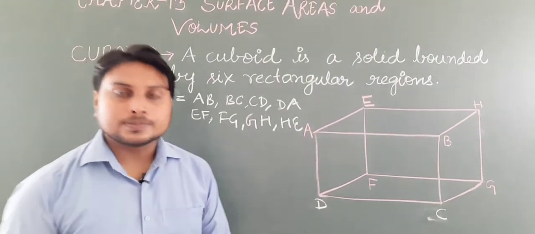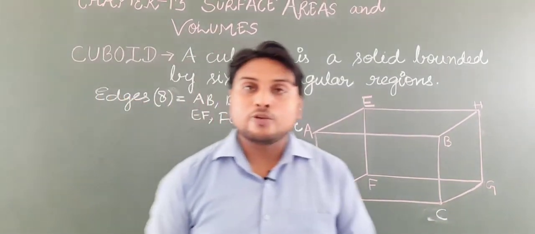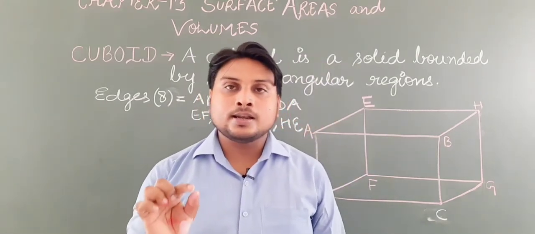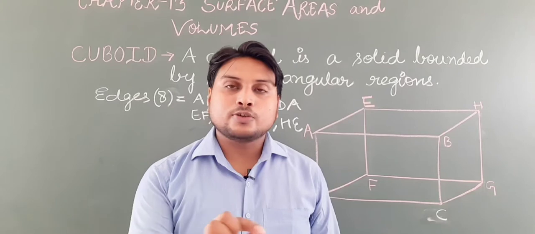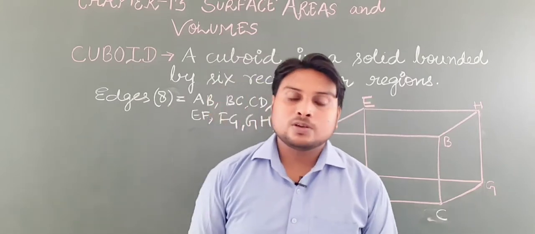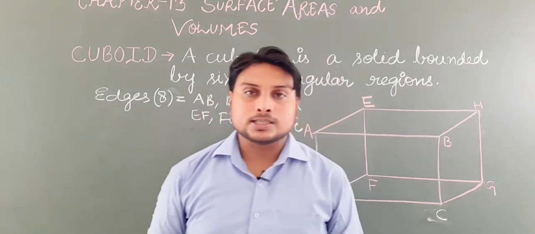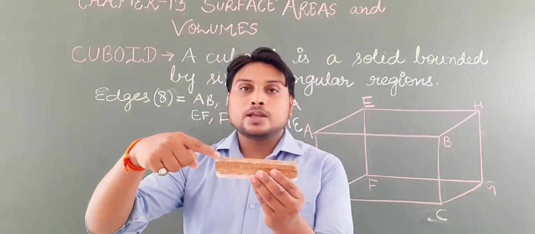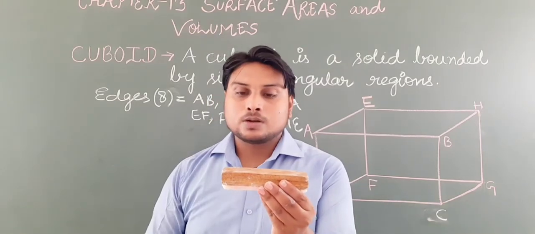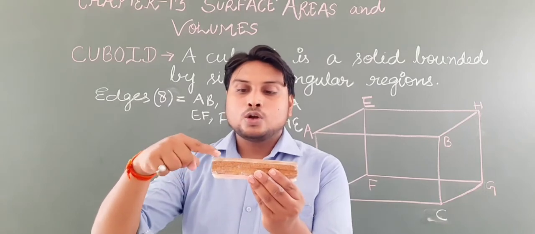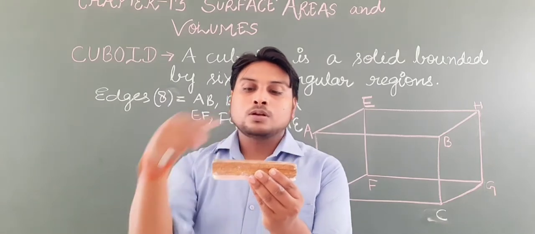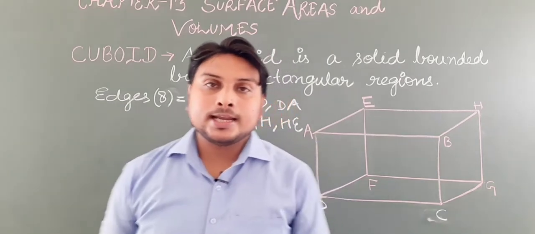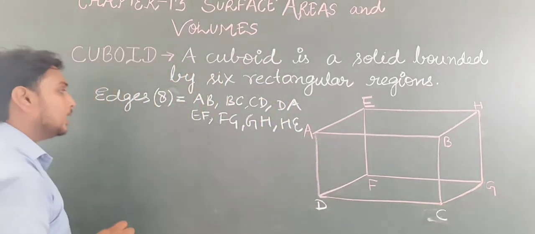Now students, we'll talk about vertices. Vertices means vertex: in singular you will use the word vertex, and for plural you will use the word vertices. The corner is where two edges meet, like this 1, 2, 3, 4, 5, 6, 7 and 8. So total 8 vertices are there.